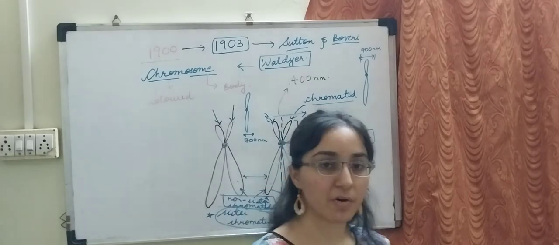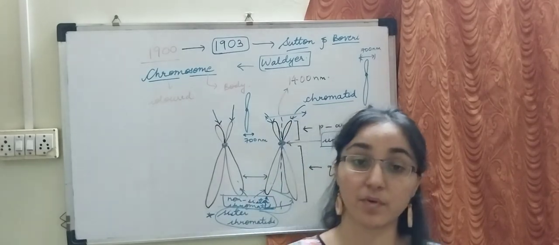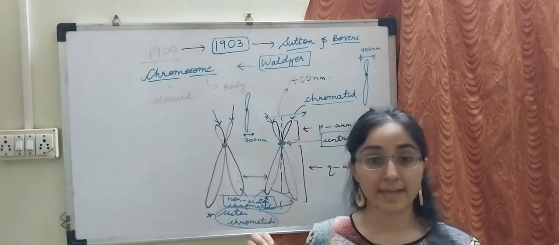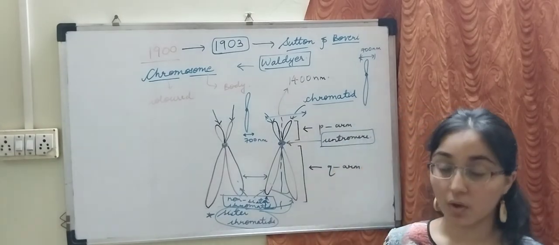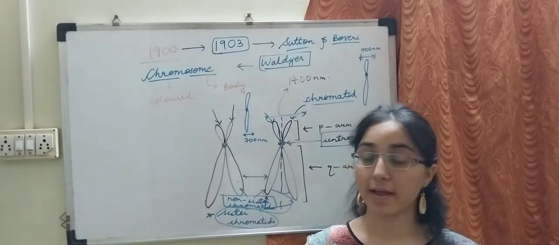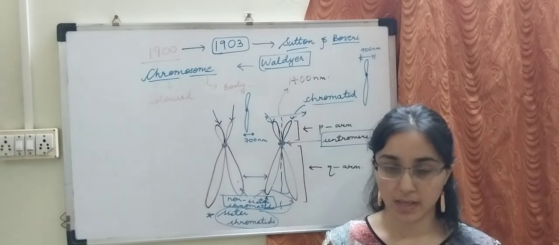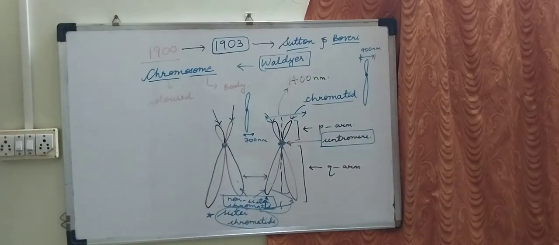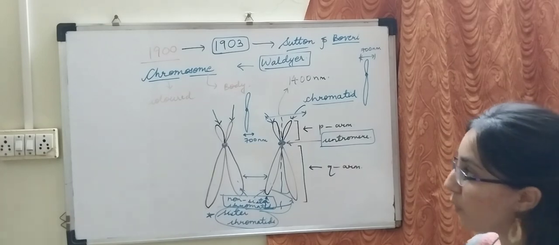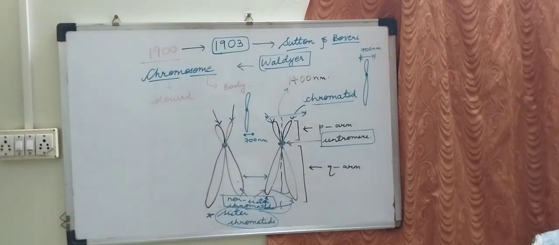So till now we spoke about what is DNA, what is chromosome, what is chromatid, what is sister chromatid, what is non-sister chromatid, and what is centromere. Have a look at this, and then going forward we are going to speak about the next part, that is what is homologous chromosome.